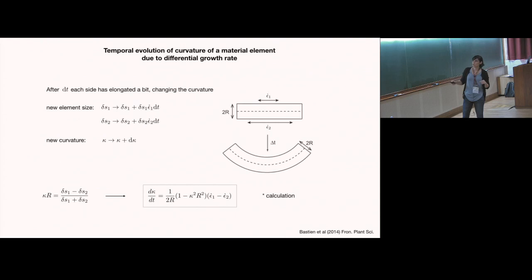These are the new lengths after dt, and the curvature will also be kappa with some differential, a new kappa. Now if I substitute these into this, and rearrange, at the end of the day I get this equation, which gives me the derivative of kappa in time, how my curvature changes with time, as a function of the two growth rates. So let's do this calculation.